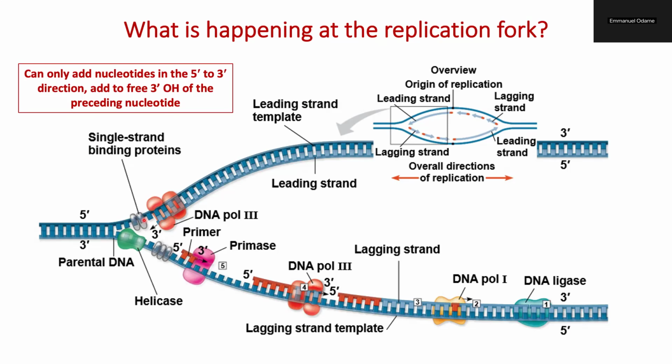But as you can see, replication is happening on both strands at the same time, on both the leading strand and the lagging strand. The only difference is that replication on the leading strand is continuous. There's no stop, or basically no breaks. However, in the lagging strand, when the DNA polymerase attaches, it attaches to an RNA primer on the lagging strand, and then it can start growing from it.